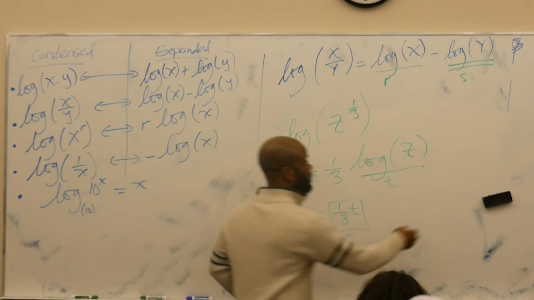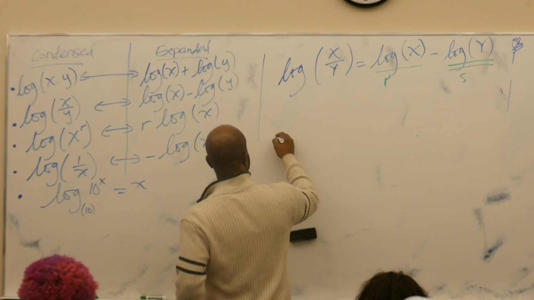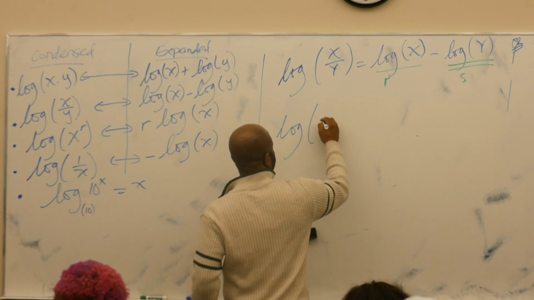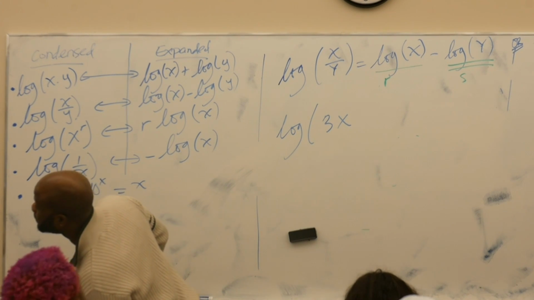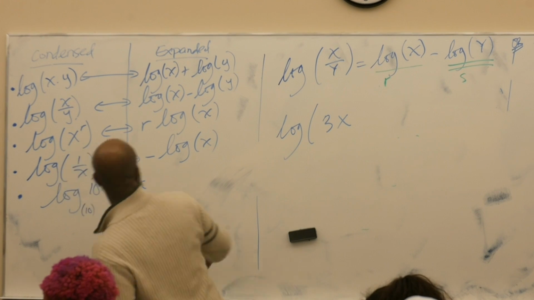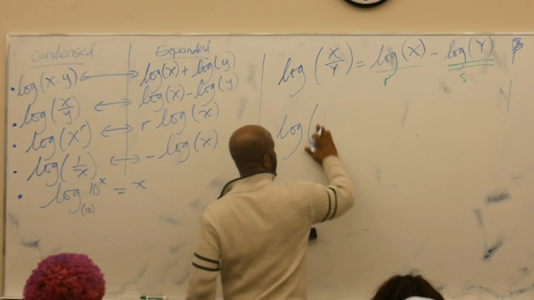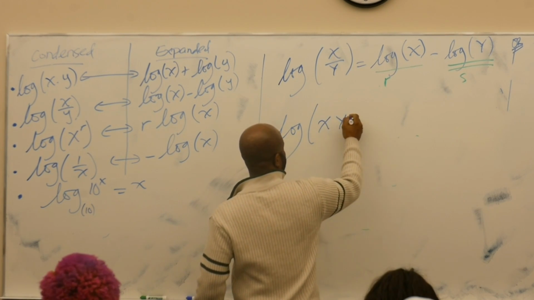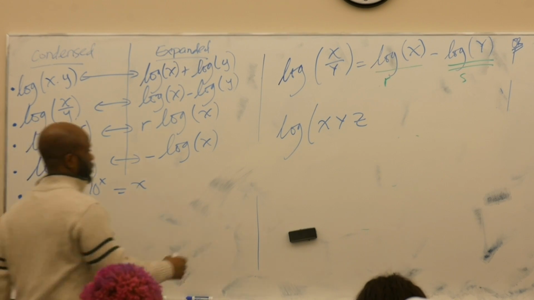So then, we're given the log of 3 times what? X. Oh yeah, I already told you how to do that. So X, Y, Z. What's the power on the 2 and 3?